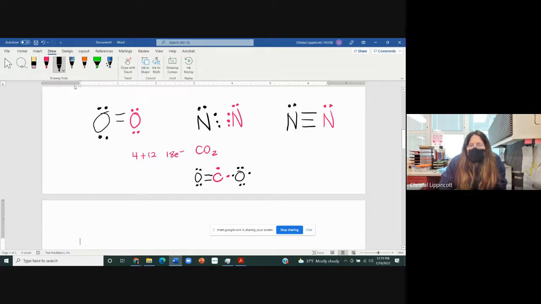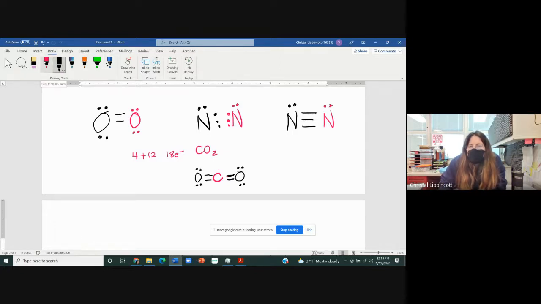Okay, so now I've got 2, 4, 6, 8. This carbon has 2, 4, 5, 6, 7. But if I take this electron and move it into the center here, then that'll take care of that problem as well. So those are gone.